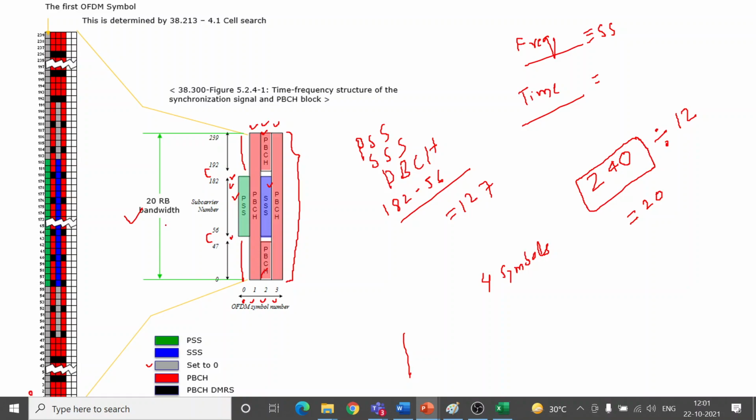So this is the physical structure in frequency and time domain of your SS block in 5G. It is different from 4G, where you had PSS and SSS only, whereas here the broadcast channel is also part of the SS block in 5G. That's the difference from 4G.